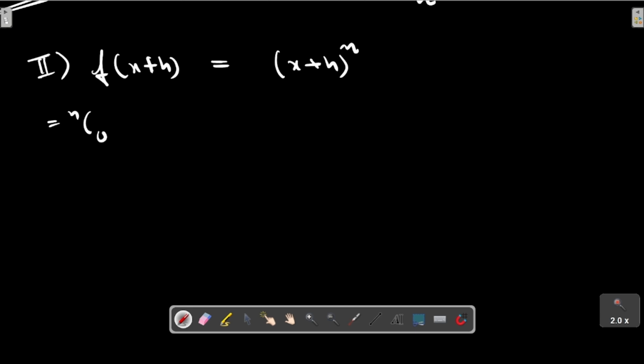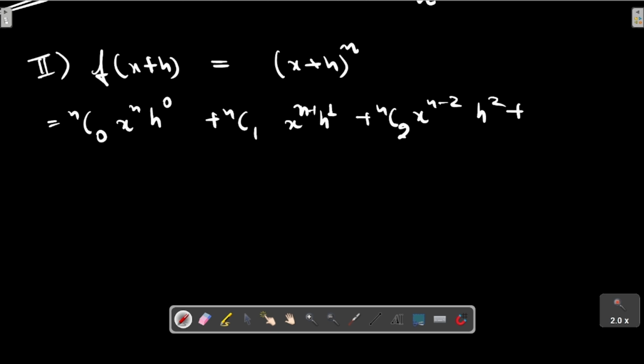So this is nc0 x to the power of n h to the power of 0, nc1 x to the power of n minus 1 h to the power of 1, nc2 x to the power of n minus 2 h to the power of 2, so on till ncn x to the power of 0 h to the power of n.